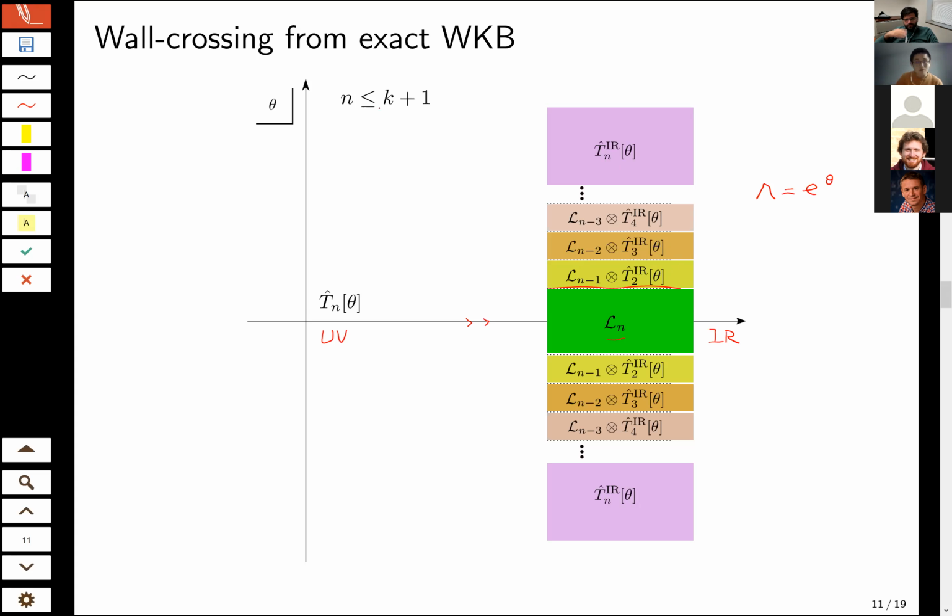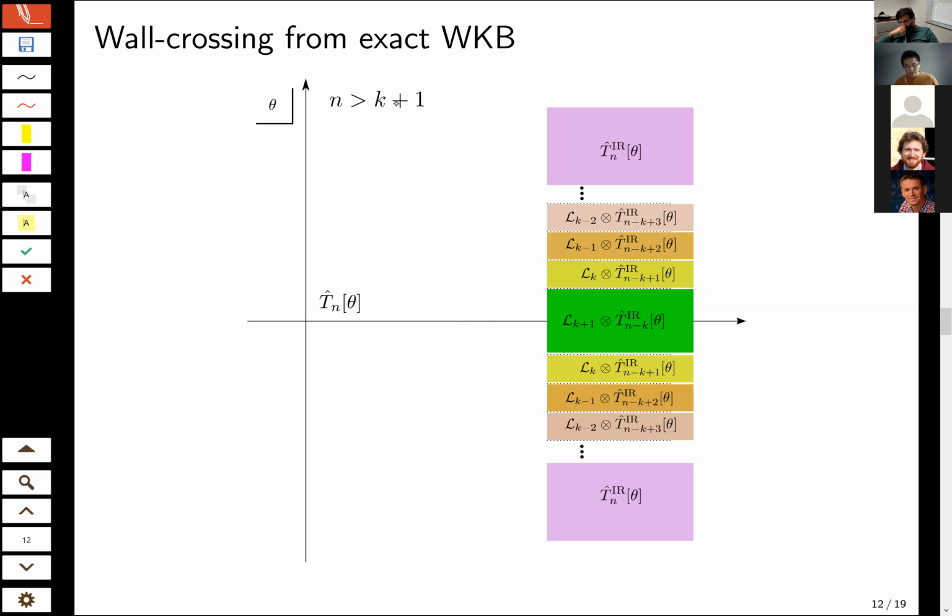Here, this diagram is for when n is smaller than k plus 1. As I reviewed earlier, the situation is a bit different when n is bigger than k plus 1. But again, along the physical RG regime, we can still confirm the conjecture from Affleck and Ludwig and map out the entire infrared diagram for all complex theta.